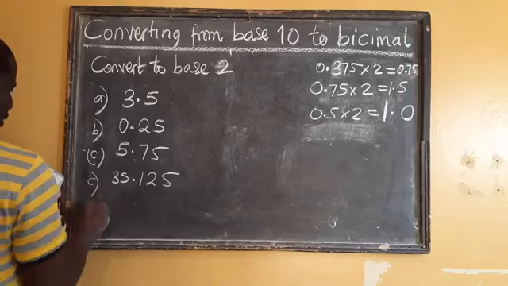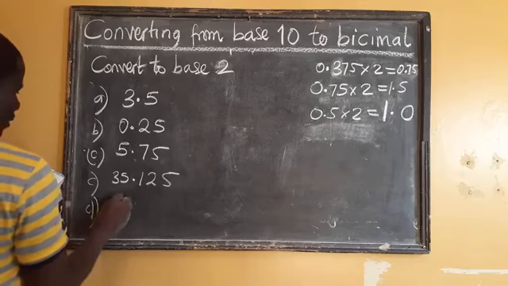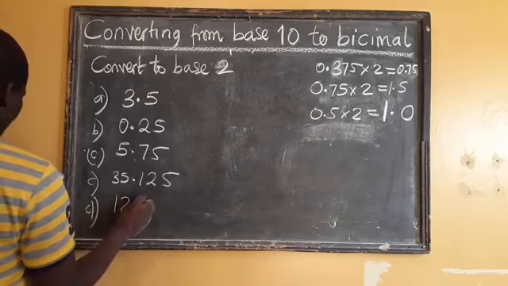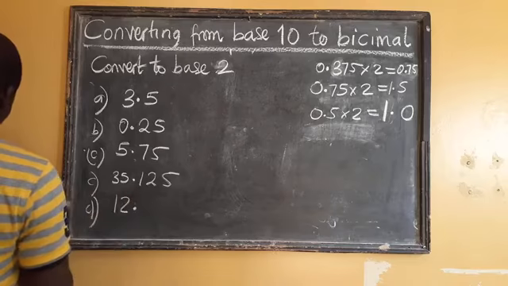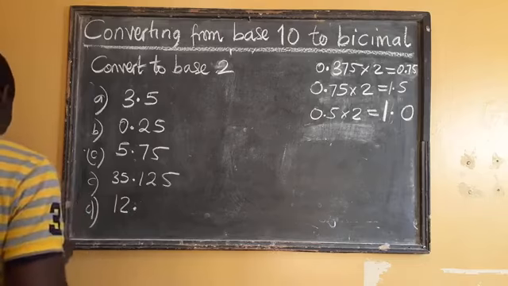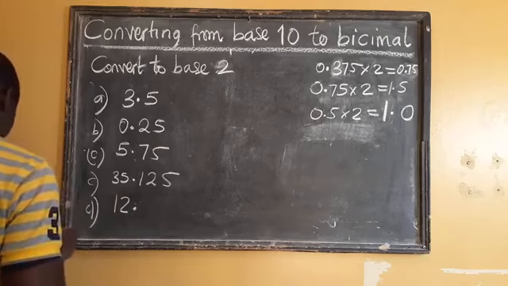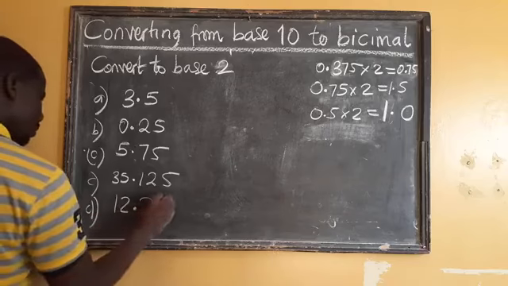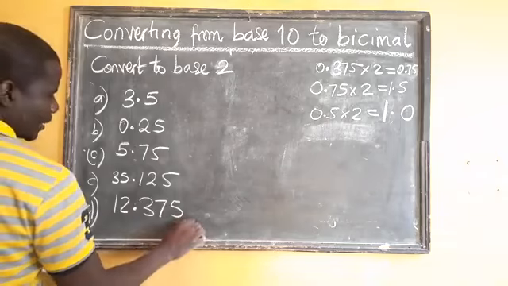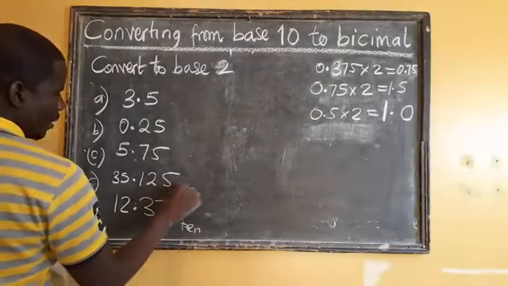Okay. D can have 12, comma, 3, 7, 5. Okay, all these are in base 10.